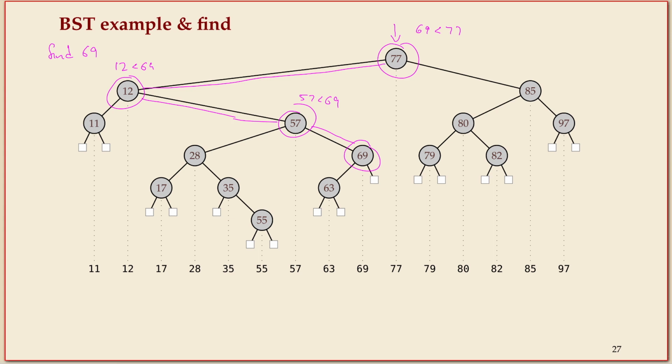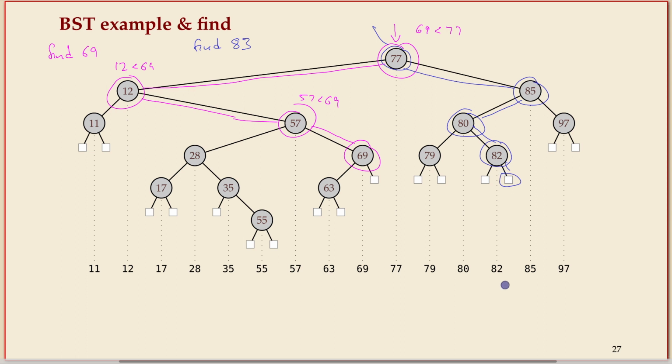Let's do another example where we don't find the key. So if we look for 83, let's do it a little faster. We start at the root. It's bigger than 77, so we go right. It's smaller than 85, so we go left, but bigger than 80, so we go right, and bigger than 82, so we would go right. But here's a null pointer, so we know the tree stops there in a way.